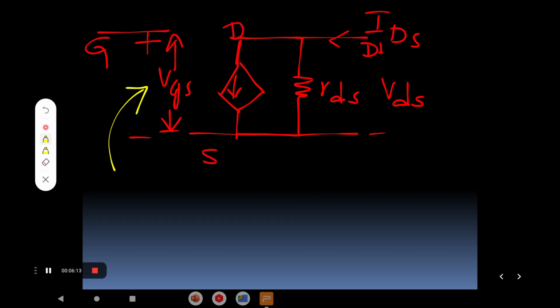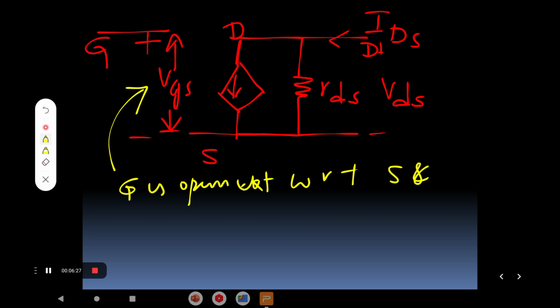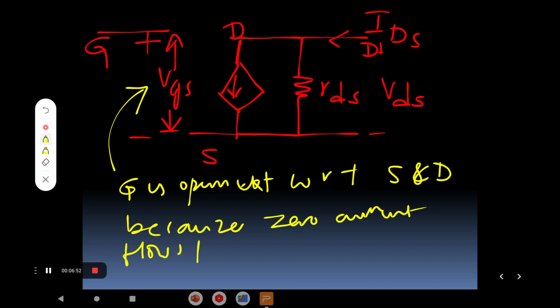The reason for this is that gate is at open circuit with respect to source and drain, because zero current flows from gate to source and gate to drain.